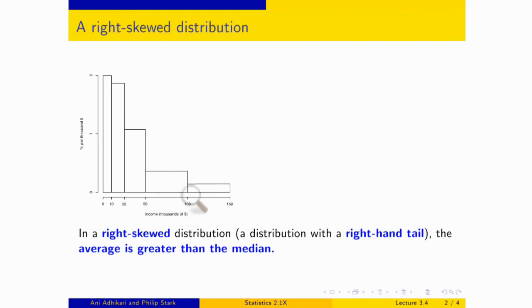They drag the average in their direction, away from the median. So the average is greater than the median in such a histogram. And this is why when you read newspaper reports about incomes, it is median income that is reported, not average income, because average income is very much influenced by these small number of very high incomes.